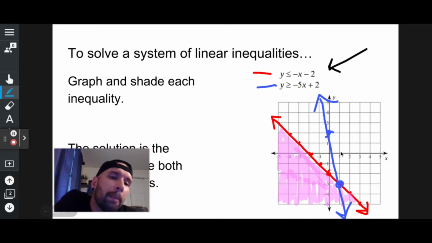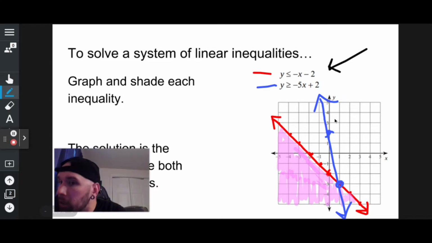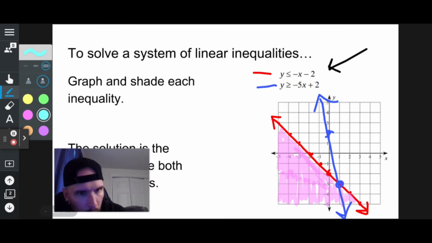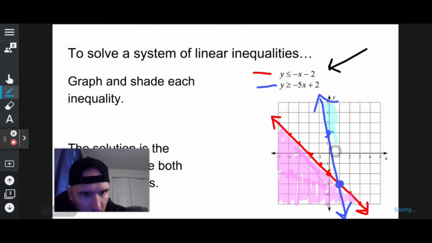You would be climbing this side right here because that would be above the line. Barely, but above the line. So let me try this again. Let's make it blue, and I'm going to shade everything above the line.